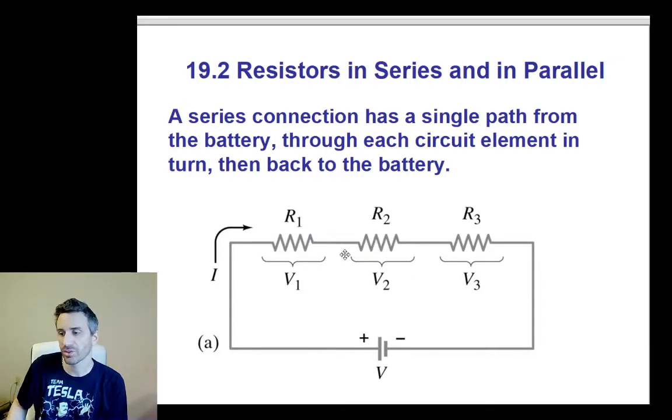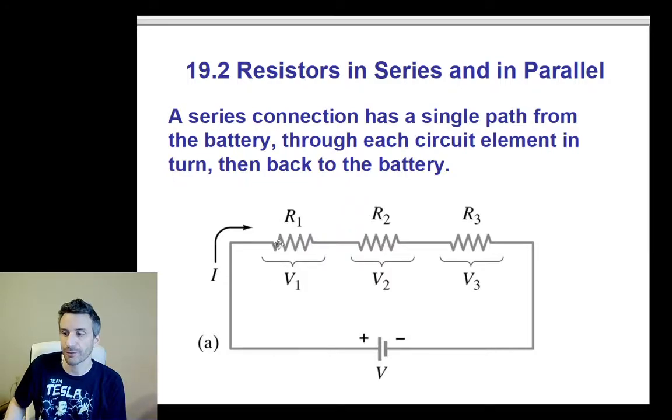If they are not all the same resistance, then the voltage split would not be equal between the three. The one that has a larger amount of resistance would have a larger voltage drop. Remember, V equals IR.